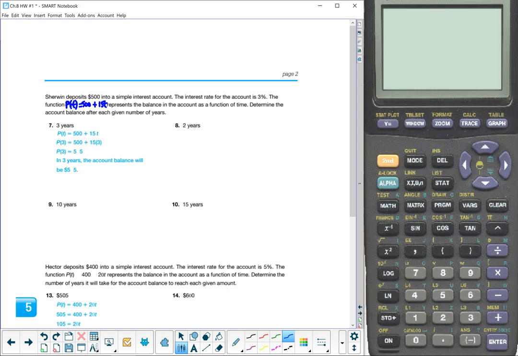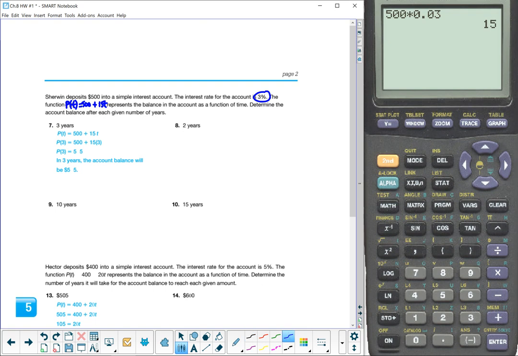And 15 comes from taking the 500 and multiplying it by the interest, which is 3%, so 0.03, and that's how you get 15. So they want us to do this for each of these number of years.